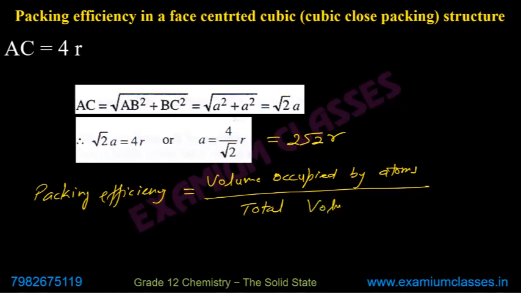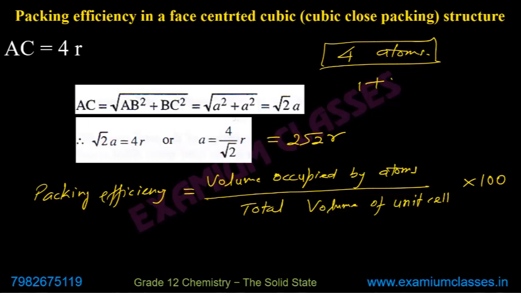Total volume of the unit cell. Now in face centered cubic, you have total 4 atoms. You know that 1 plus 3. It means it will be 4 into 4 by 3 pi r cube. One atom will have volume 4 by 3 pi r cube, 4 atoms will have 4 into 4 by 3 pi r cube.